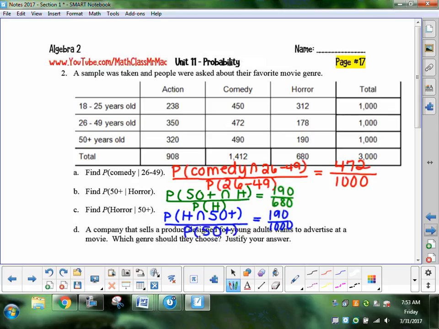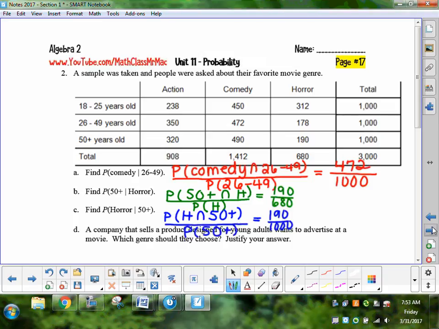A company sells a product designed for young adults, and they want to advertise. You tell me which one they should pick. They're going after young people. This is what our market research is. You tell me, what do they want to pick? Jonathan? Why?